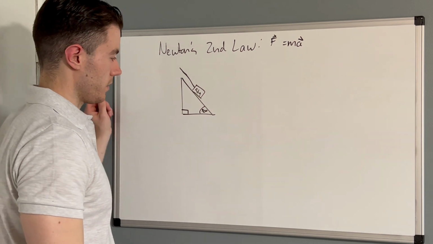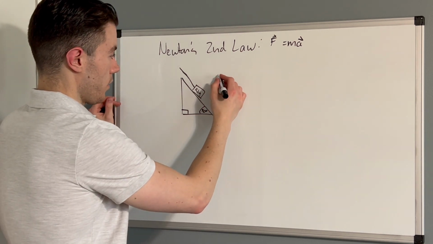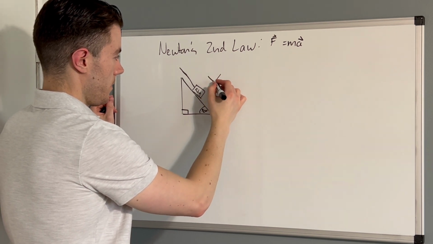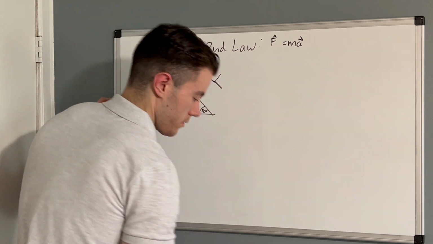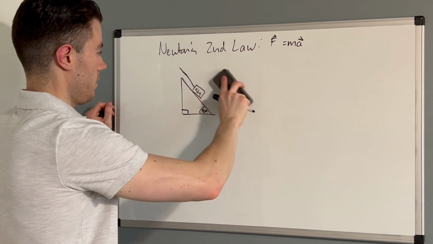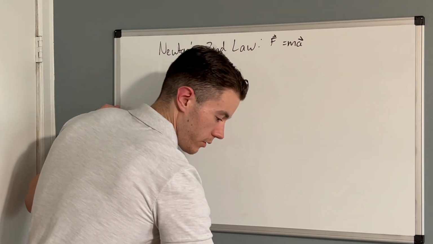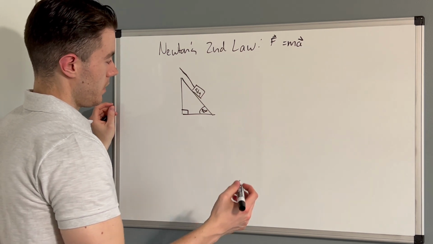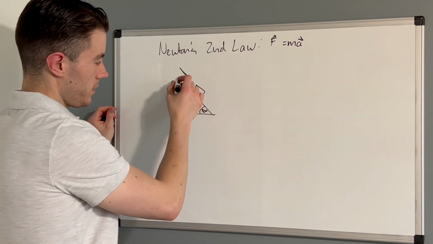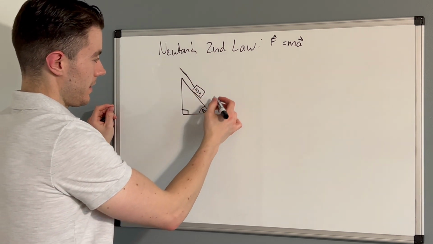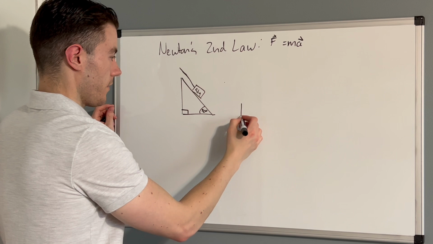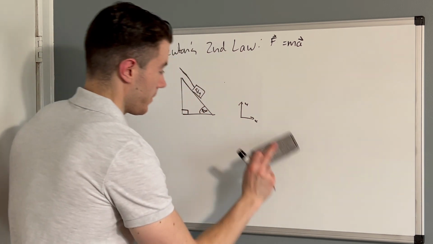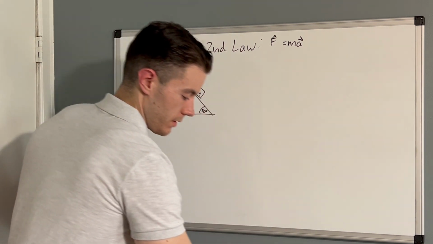Second thing to do is label our origin and our axes. You can put the origin wherever you want and define your axes however you want in physics. Since the box is moving like this, and since it's tilted, it'll make everything easier if we tilt the coordinate system.